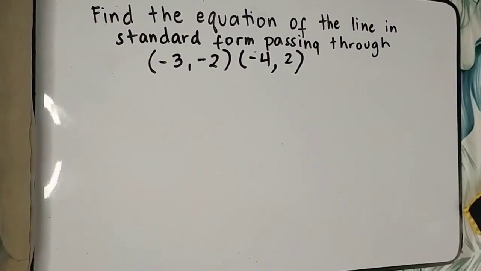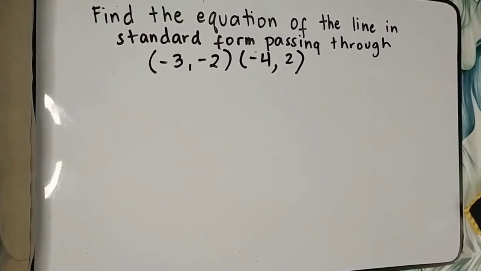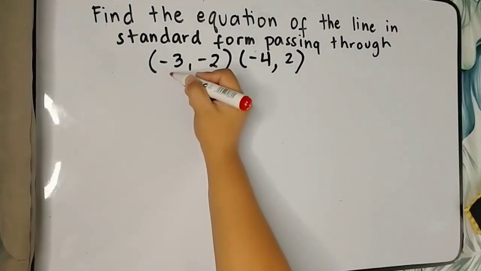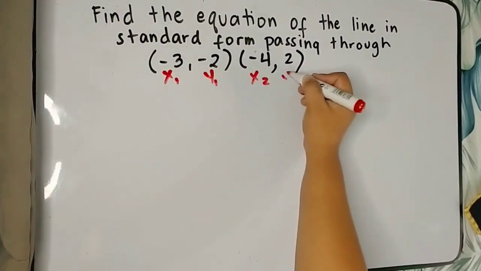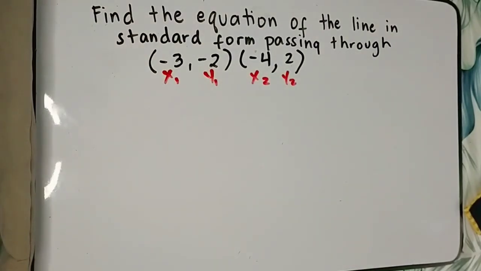As example, find the equation of the line in standard form passing through points negative 3, negative 2, negative 4, 2. Again, second method tayo, shortcut tayo. So, identify na natin muna si x sub 1. So, we have x sub 1, y sub 1, x sub 2, y sub 2. Then, after that, slope.